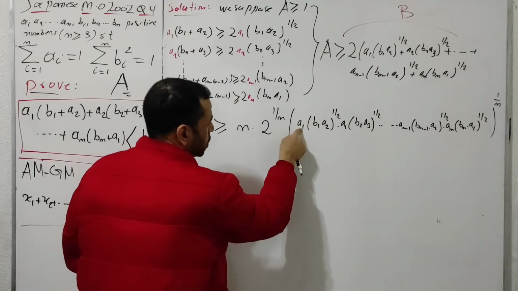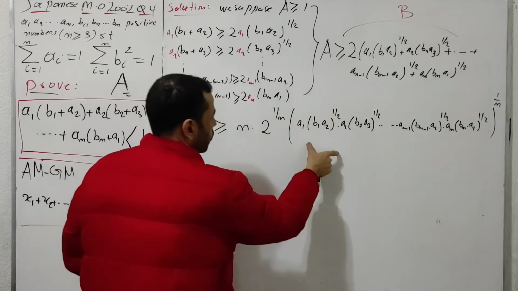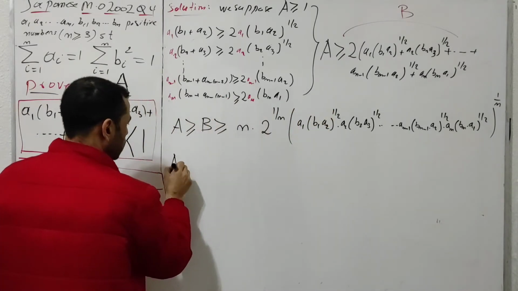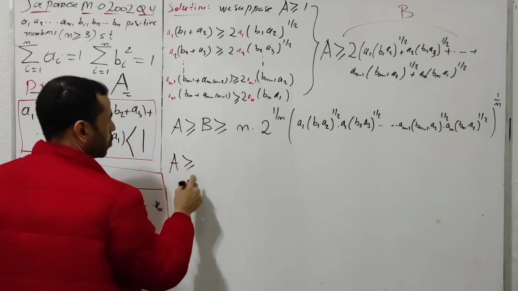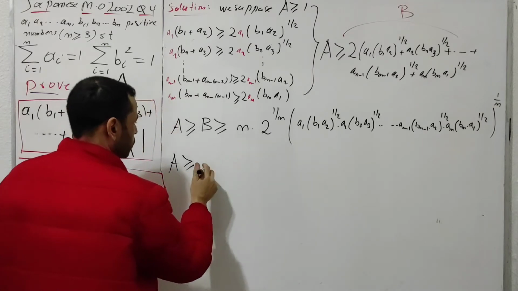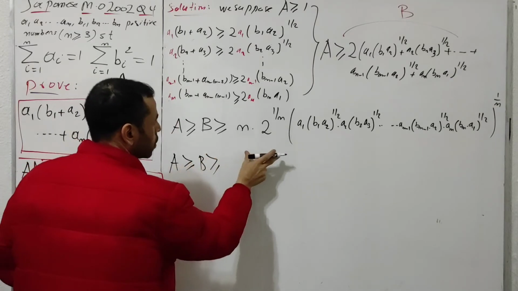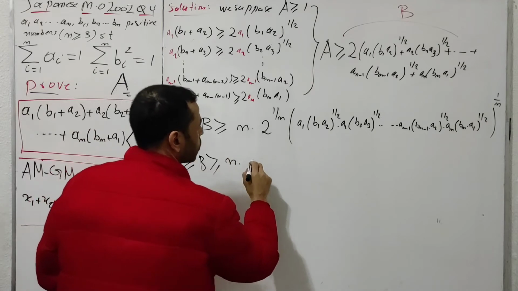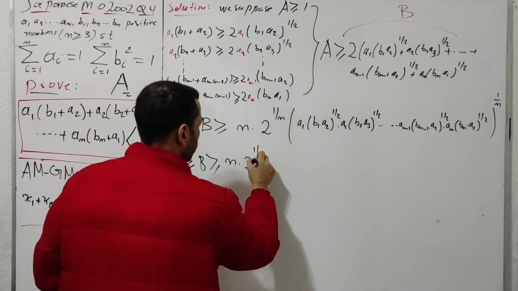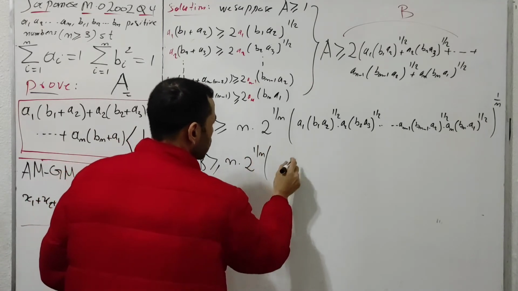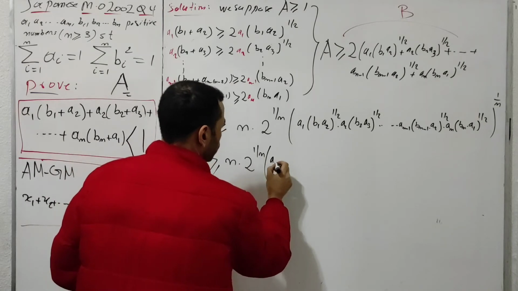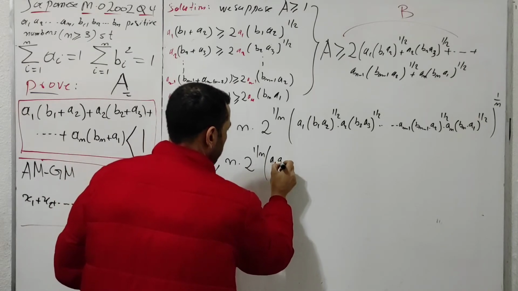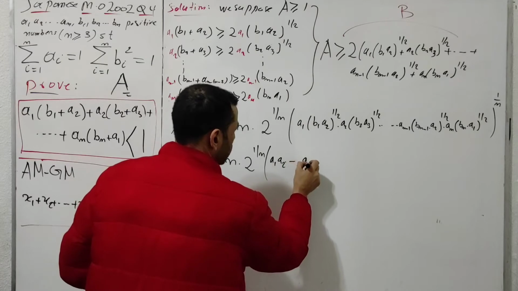I will put E sub 1 through E sub n in the front. We'll get capital A superior or equal to n multiplied by 2 to the 1 over n. E sub 1 will be written in this form: E sub 1 multiplied by E sub 2 and all the way down to E sub n.